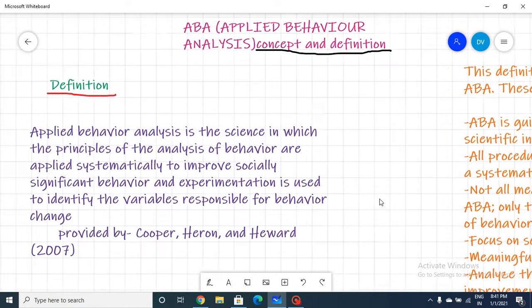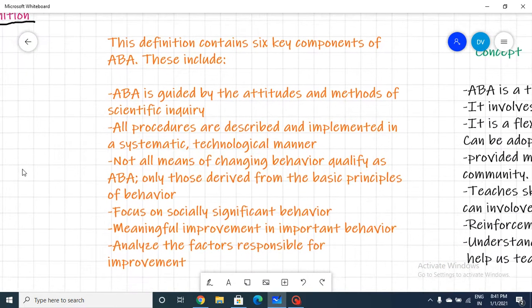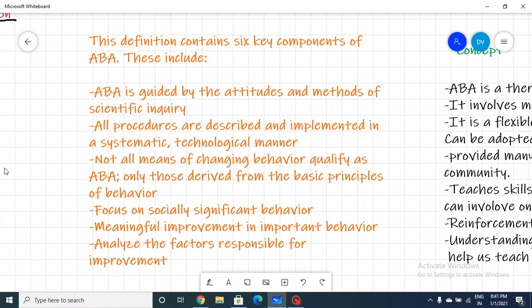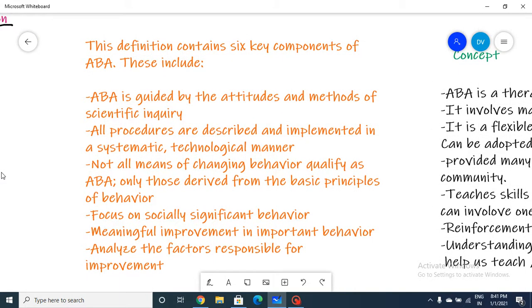So here are some components of the definition. The first component is: ABA is guided by the attitudes and methods of scientific inquiry. That means whatever we do in ABA is scientifically proven.